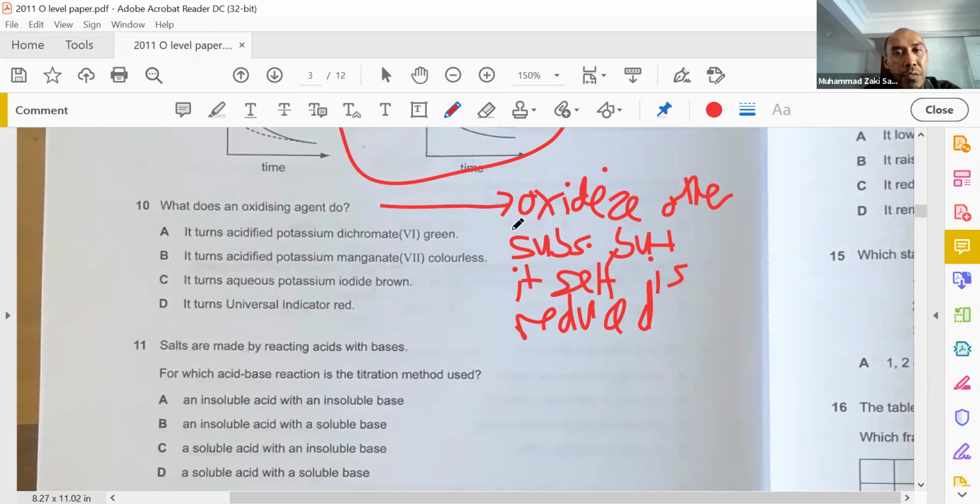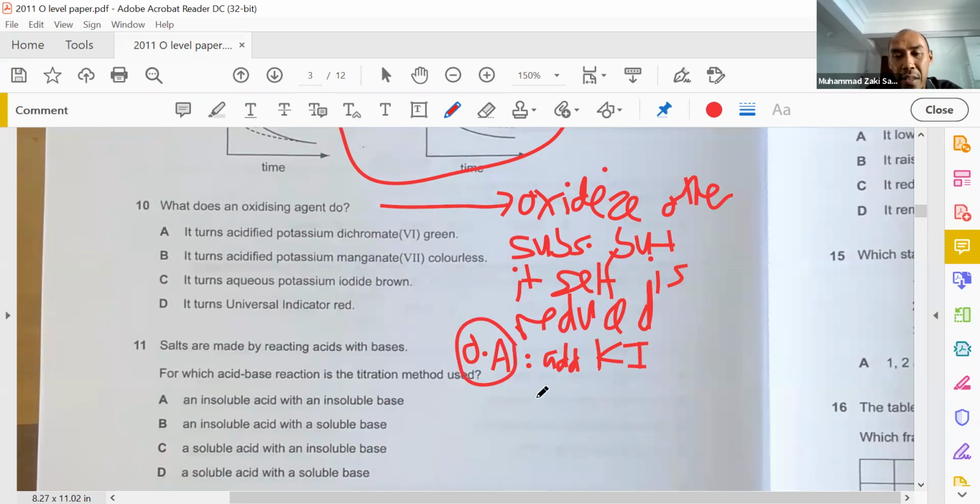If you want to identify whether a substance is an oxidizing agent, what do you need to add? You need to add KI. Remember, KI can be used to detect the presence of an oxidizing agent inside the substance.